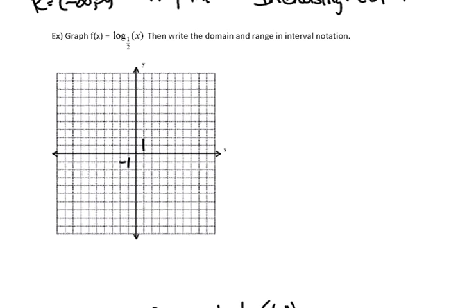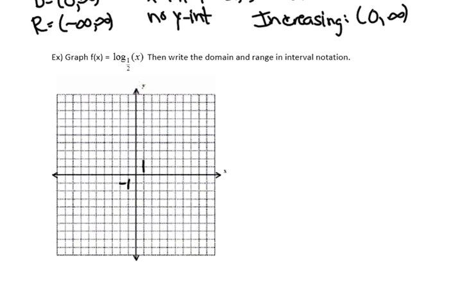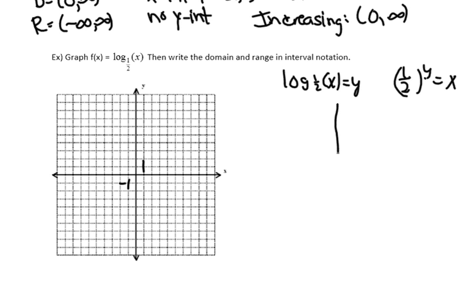Now again, you know for sure that we can rewrite this as this. So again, I'm going to create a table for this. Okay, so -2, -1, 0, 1, and 2.